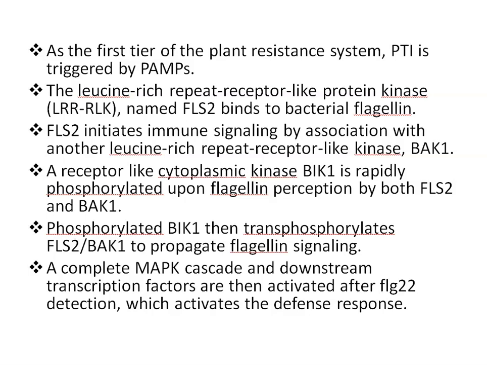A receptor-like cytoplasmic kinase, BIK1, is then rapidly phosphorylated upon flagellin perception by both FLS2 and BAK1. Phosphorylated BIK1 then transphosphorylates FLS2 or BAK1 to propagate flagellin signaling. A complete MAPK cascade and downstream transcription factors are then activated after flg22 detection, which activates the defense response.